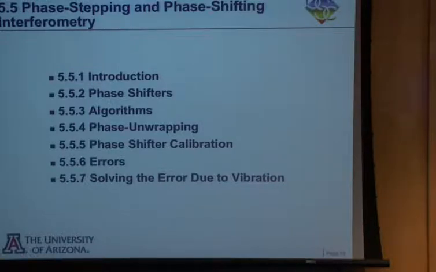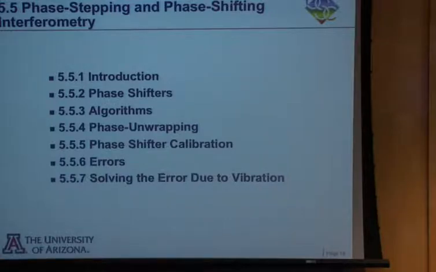So we need a good way of getting the data in, and this is what we call phase stepping, or more often it's called phase shifting, and I'll explain the difference between the two. But it's just a very, very superb way of getting data into the computer. So we're going to talk about this a fair amount. We're going to see that all these systems need a phase shifter, and so we'll talk about different phase shifters.